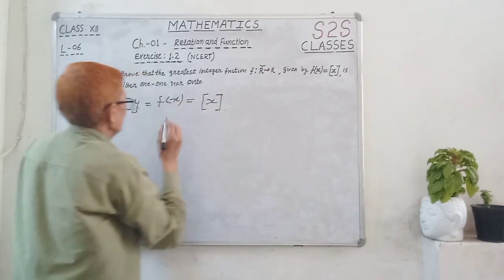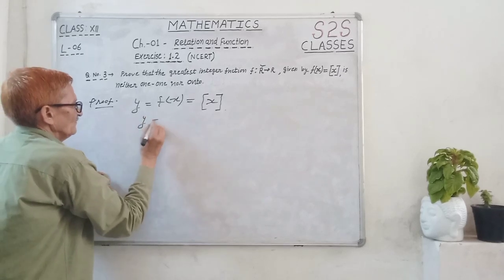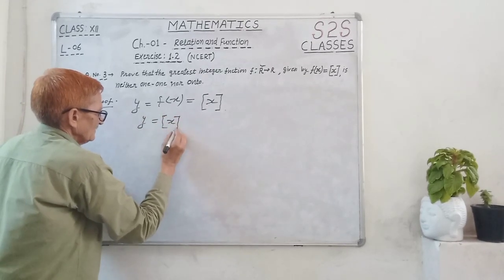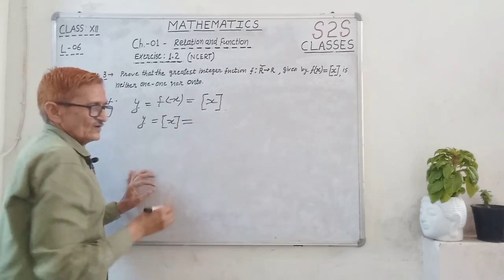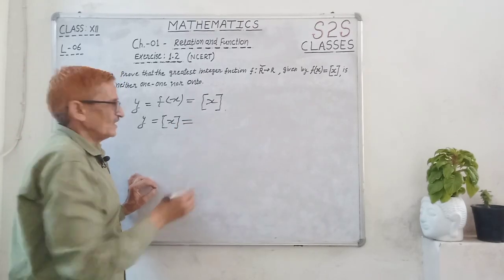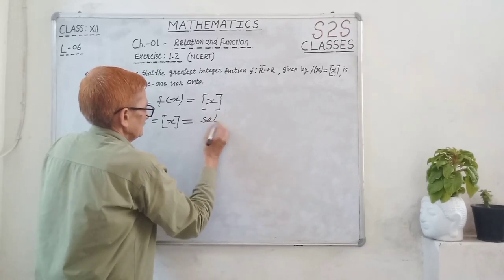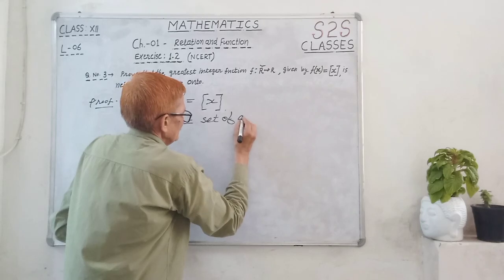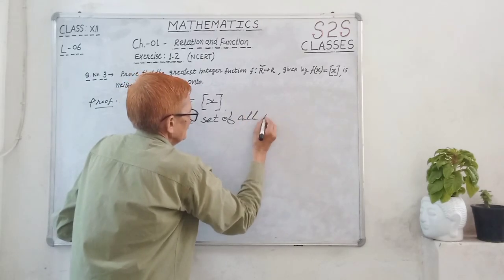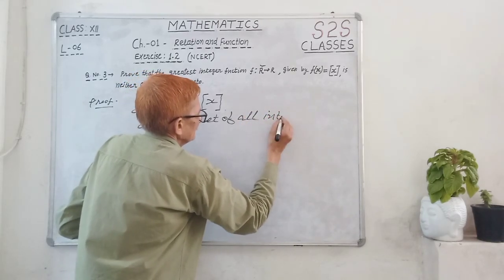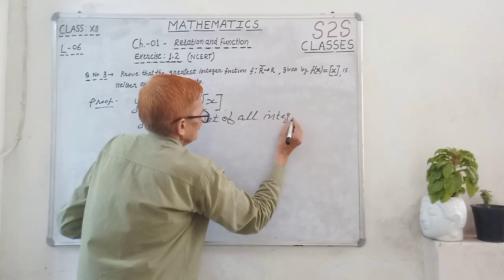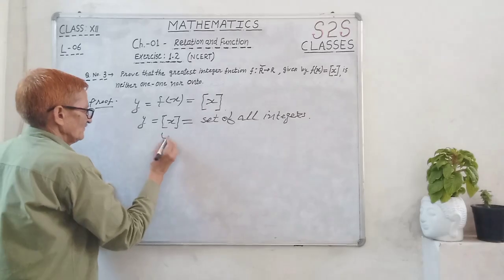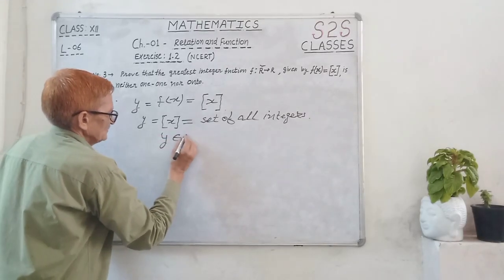This is your function. Now y is equal to the greatest integer of x, and it is equal to the set of all integers. Set of all integers means y belongs to Z.